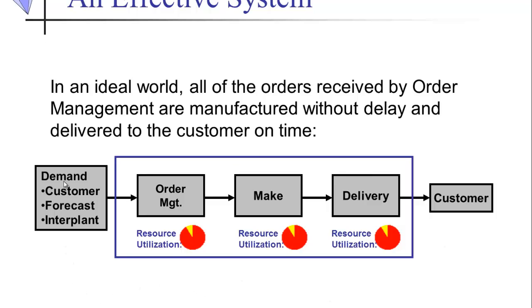So in this demonstration of an effective system, we have 3 types of demand. We have customers, forecast, and enter plant, and those all feed into an order management system that enters the order. These are processed, and it takes time and resources to process those. They're handed off electronically to the manufacturing process.